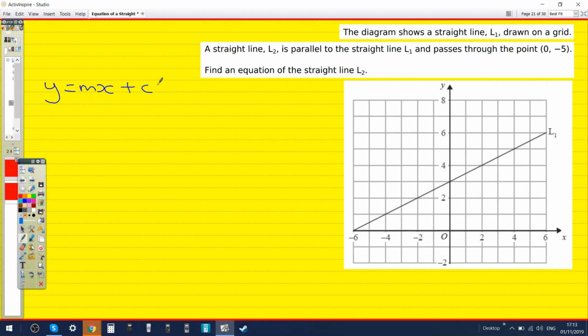And so what would you do next? Do I plug in 0 into x? I'm not sure. How do you find gradient?